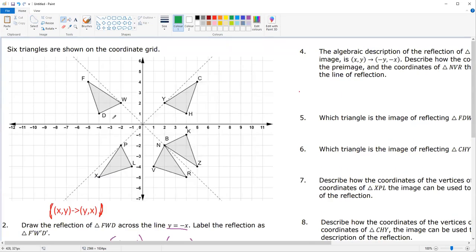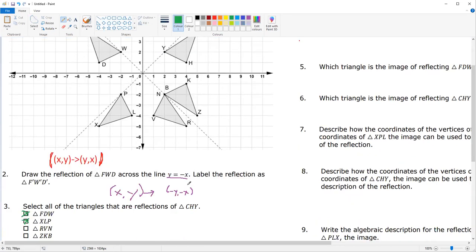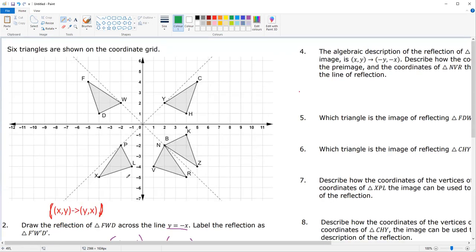If I wanted to really verify this, I could plug in the numbers and see that this relationship would exist. I could just spot check it. I've got -4, -5, and look at this, I have 4, 5. So that relationship does indeed exist.